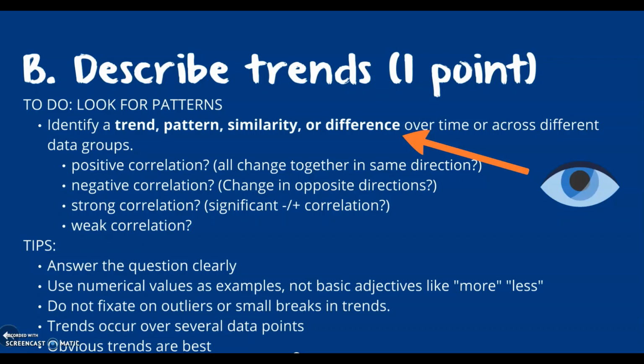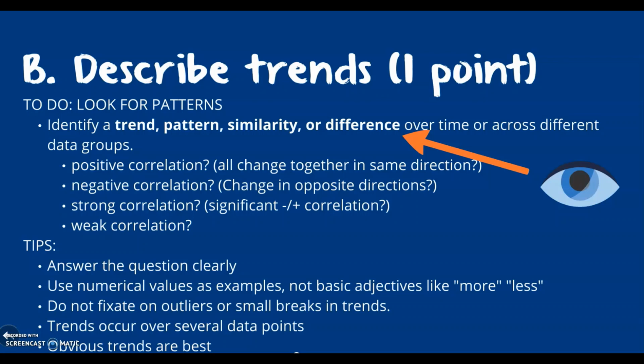Similarities and differences, you really want to look at something that's true of most of the data points. So I am going to give you a word of caution to make sure that you're not looking at the trends that you see between 2 points. You want to take a look at the entirety of the data to make an inference about the correlation between those two different variables that they're comparing.